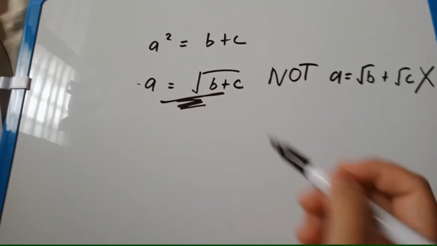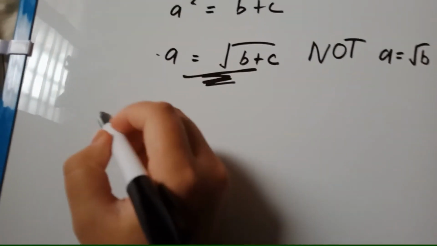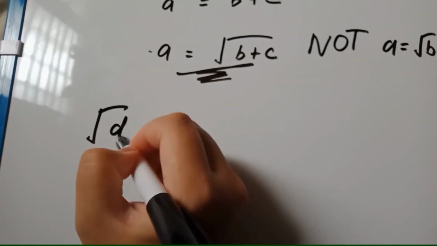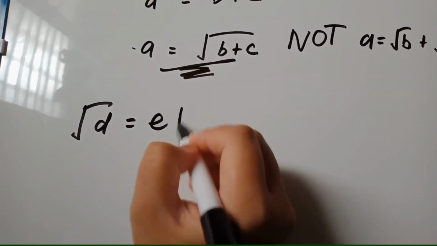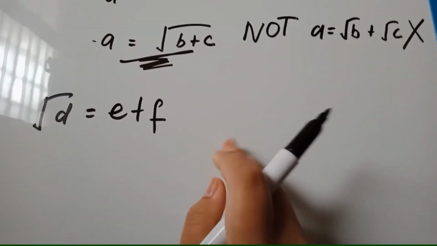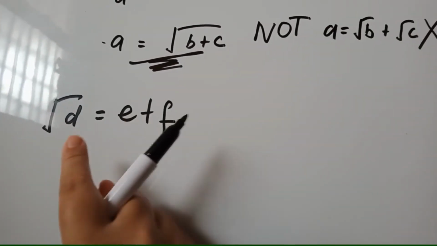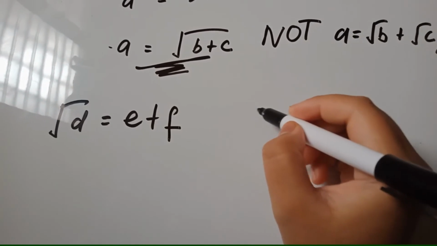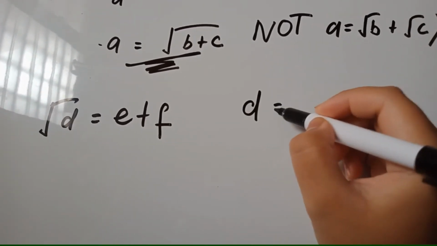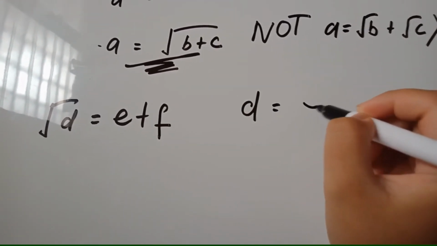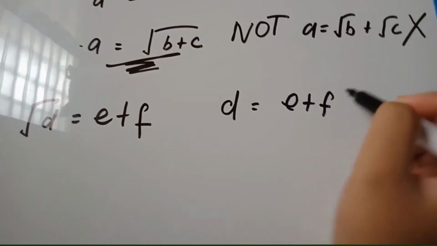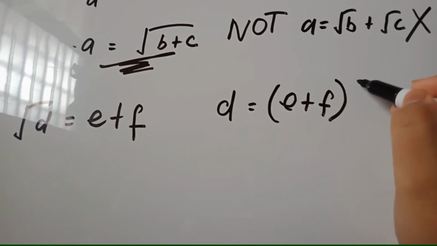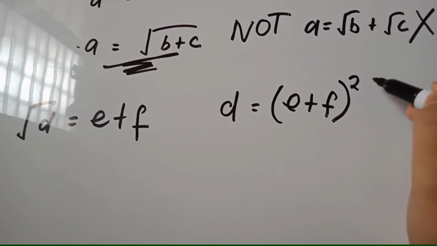Similarly, for the square root of D equals E plus F, if we want only D as the subject, it must be D equals E plus F, all squared.